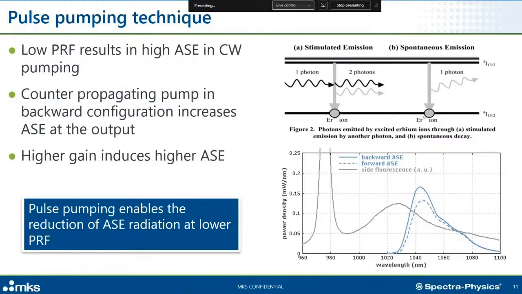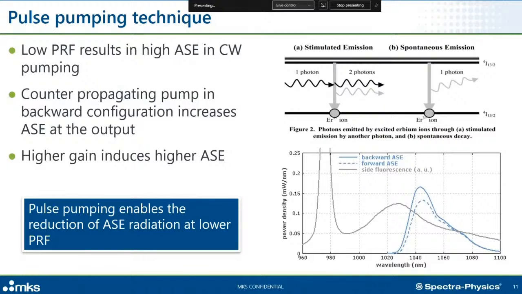When you start getting amplified spontaneous emission, just because you maintain a lot of inversion in the fiber. As you go to very low frequency, there's a huge distance between the pulses, and this distance is just filled with a lot of pump, which causes inversion in the fiber.